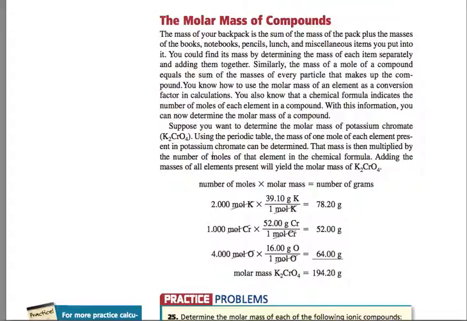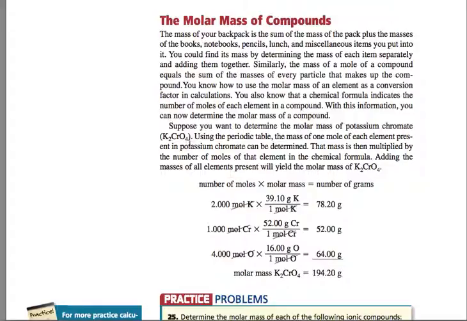And there are 4 oxygens, so we multiply by 4, and the molar mass of oxygen is 16. When I multiply all of those out using my conversions and add them together, we end up with a molar mass for potassium chromate of 194.20 grams.